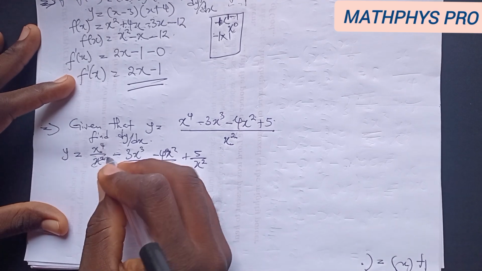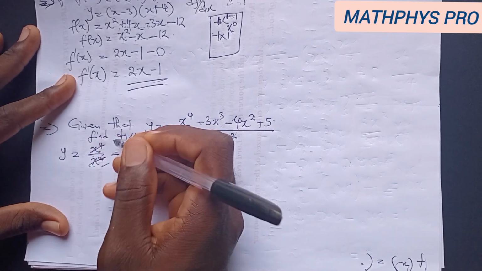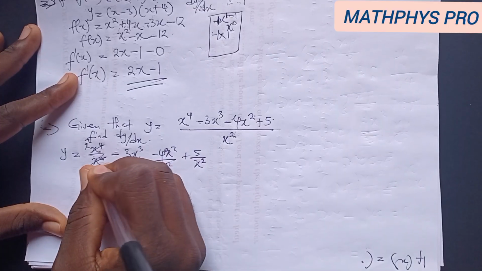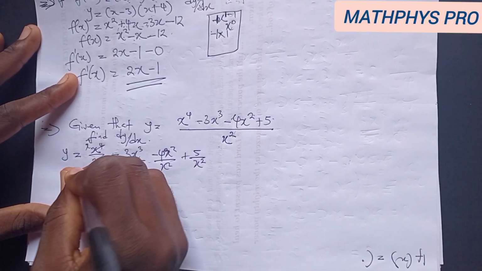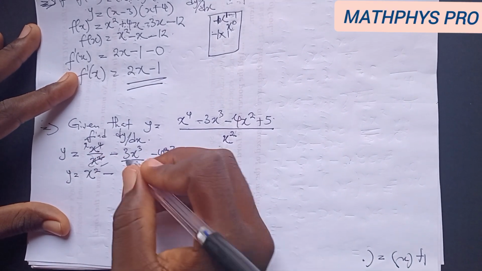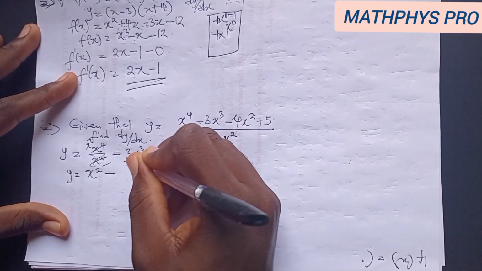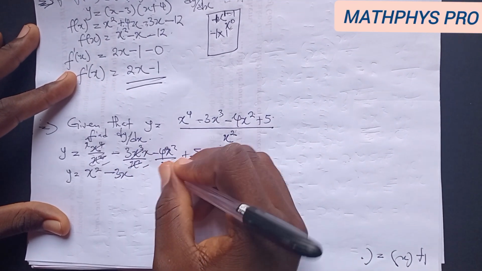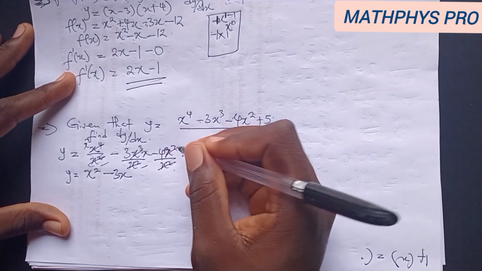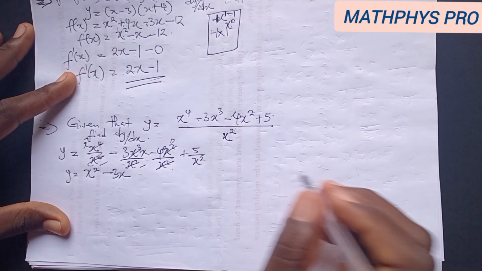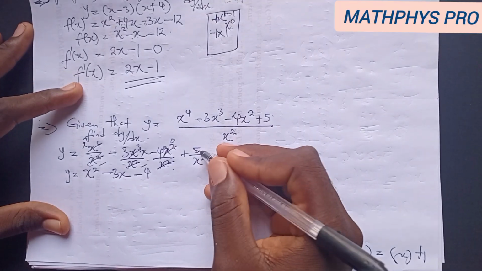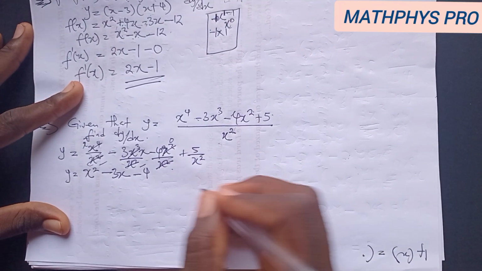So now x squared cancels x squared, and x raised to power 4 gives x squared. So we have x squared minus, x squared cancels x cubed, giving just x, so we have 3x. Then x squared cancels x squared here, we have nothing, so we have only 4, minus 4. Since there is nothing to cancel x squared in the last term, we leave it.